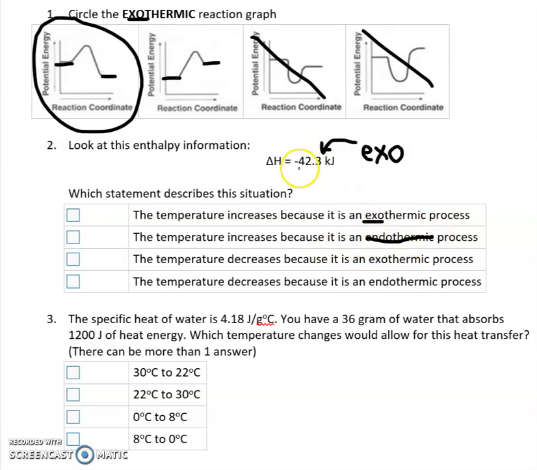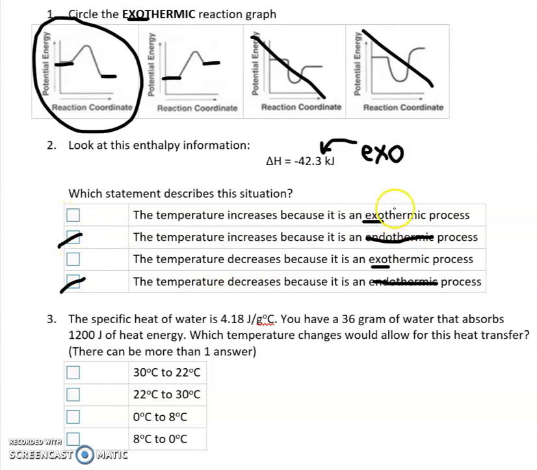That's not right, because this is negative, and negative enthalpy always means exothermic, so it is not B. Temperature decreases because it is exothermic. Okay, it says exo, I'll keep it for now. The temperature decreases because it is endothermic. That is not right. Negative enthalpy always means exothermic, so it is not D. So now I have to pick either A or C.